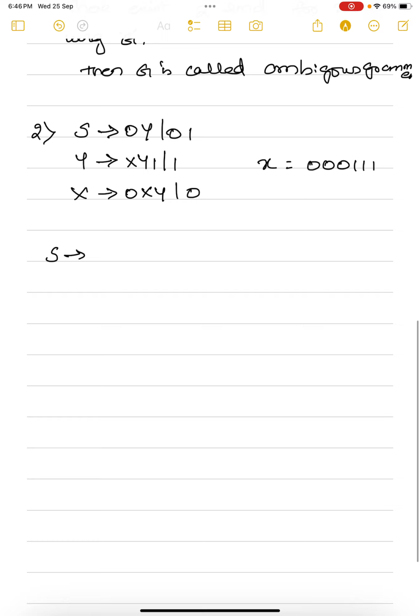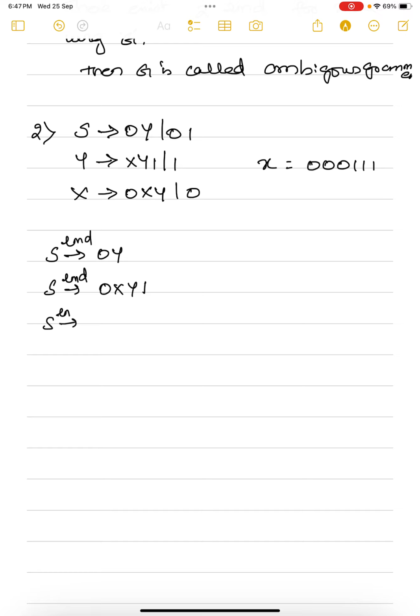Now we'll try to give a leftmost derivation. You have to start with 0Y. Now for this Y, we can use 0XY1.